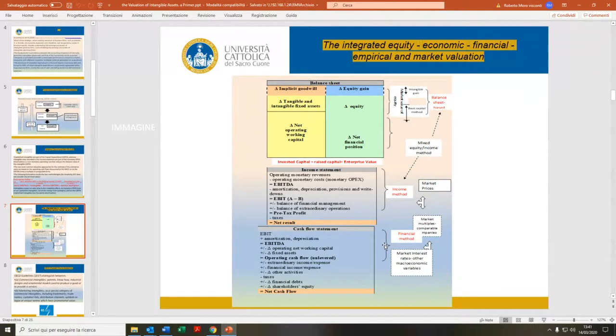So this is a general picture for the valuation. We can get most of the parameters that we are going to use in the valuation of the intangibles from our balance sheet, income statement, and cash flow statement. Then we can have, of course, also market comparables or other information from the outside of the firm.